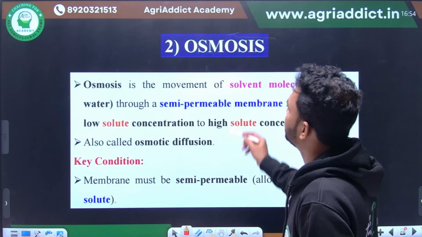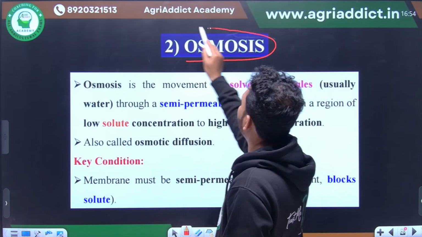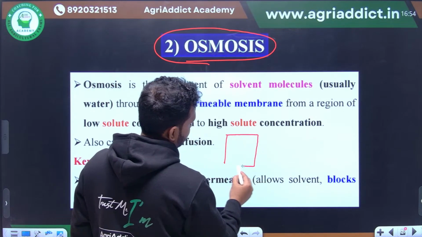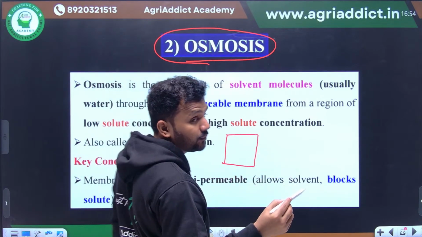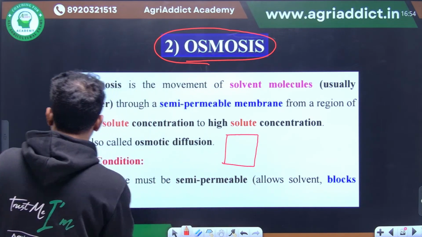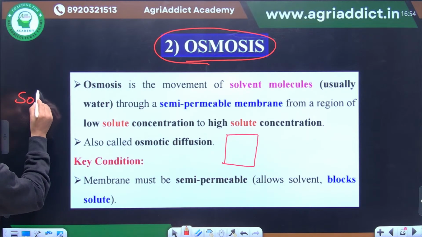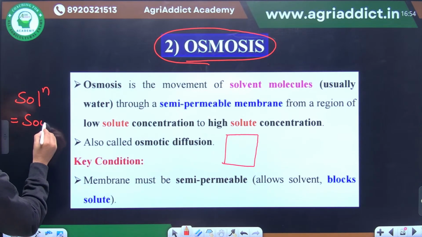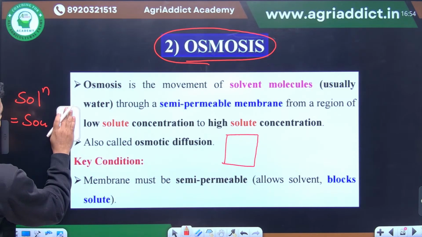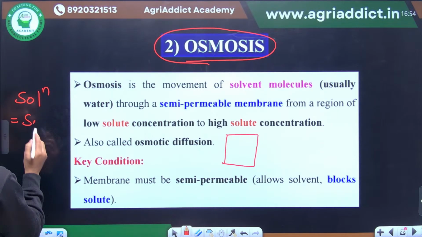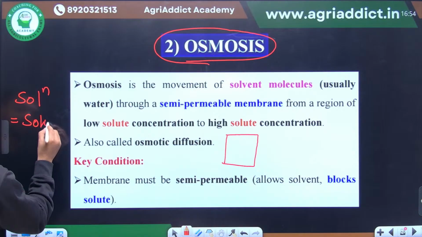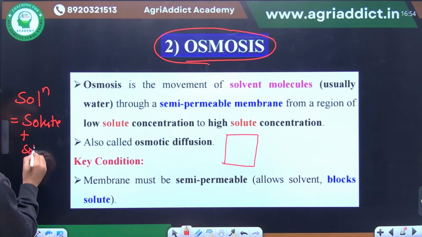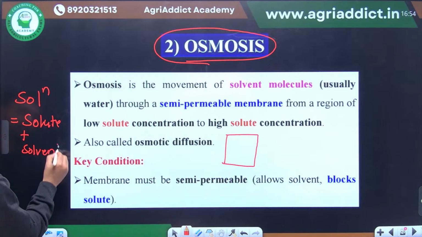Okay, now osmosis. As I said earlier also, osmosis is the movement of solvent molecules. See, in a solution there are two things: one is solute plus solvent, right?